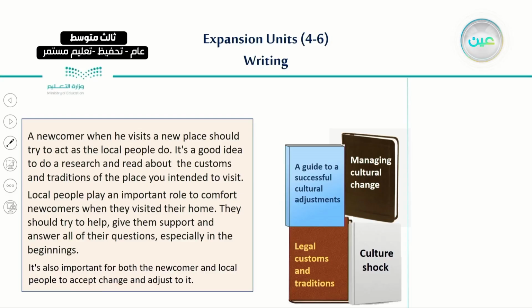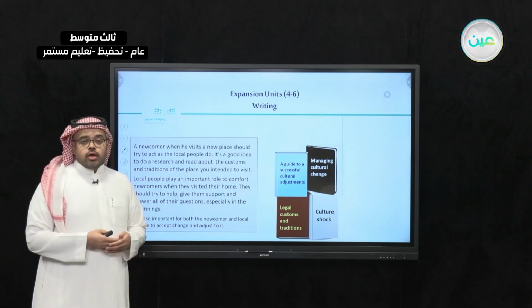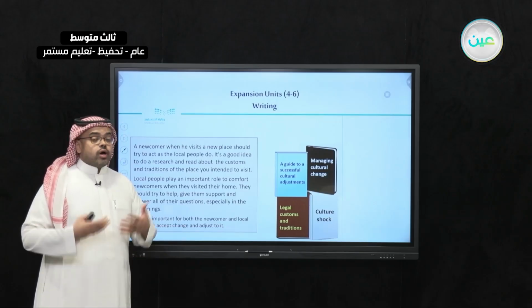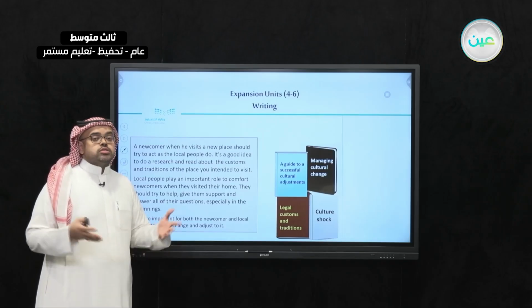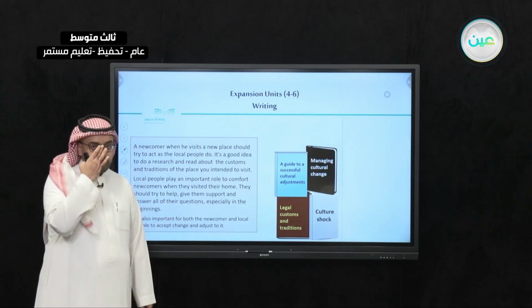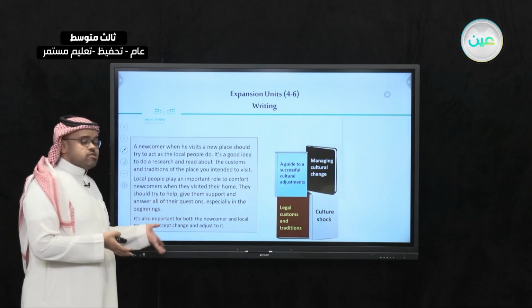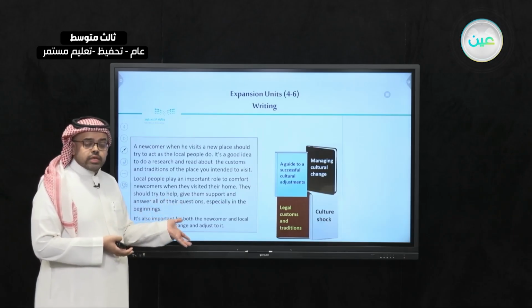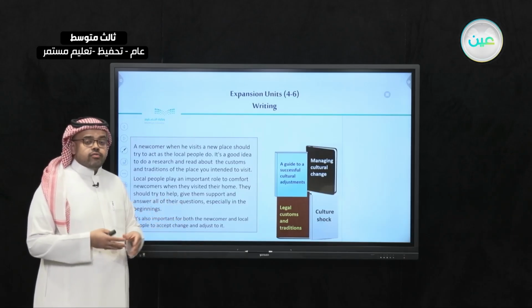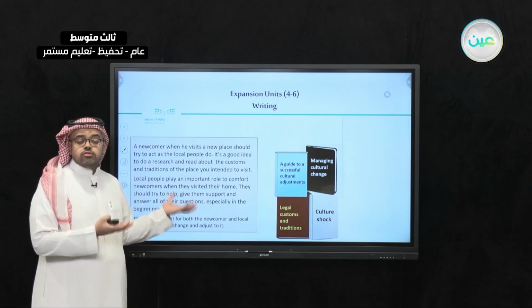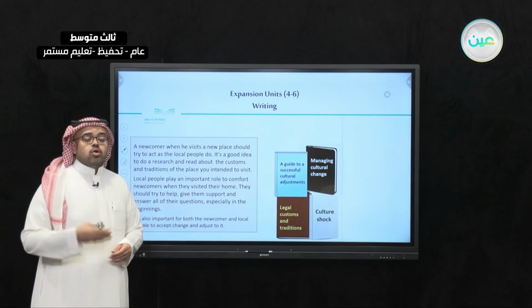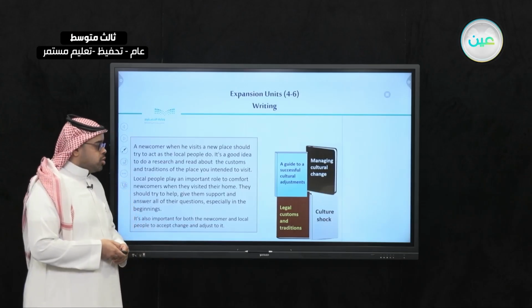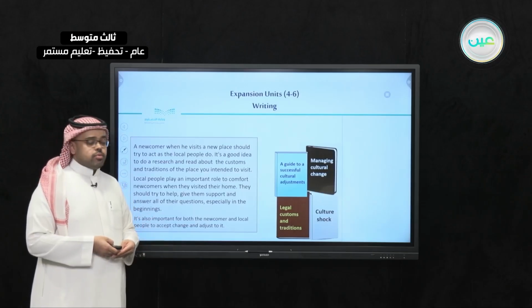So as we said, it's very important, whether for a newcomer or for the local people, to adjust, to accept change, and to accept different people and their behaviors as well. So this is my sample. This is my writing. You can grasp some of the ideas that I have written here, or you can also add more of your own choice, and this will be preferable.